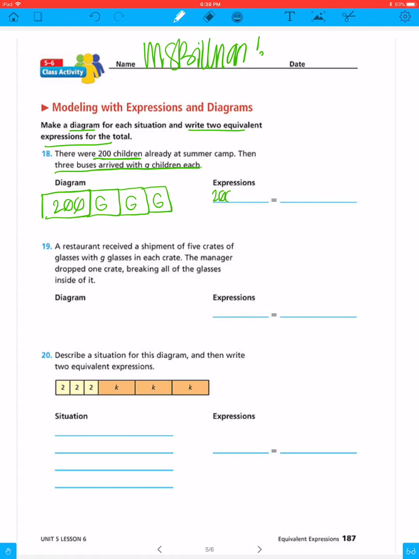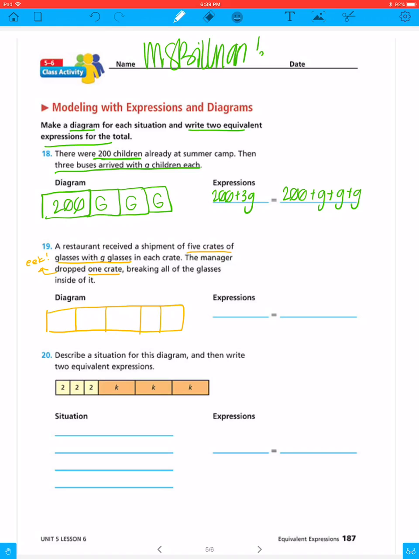All right. A restaurant received a shipment of 5 crates of glasses with G glasses. The manager dropped 1 crate, eek, breaking all of the glasses inside it. I already know this is going to be subtraction. So let's draw a diagram. I should have 5 boxes.